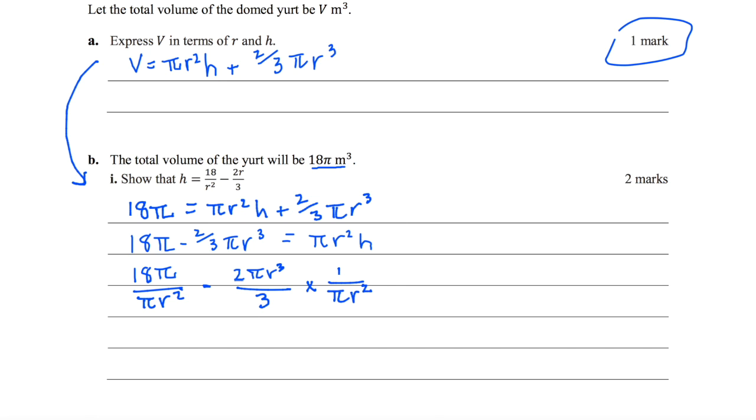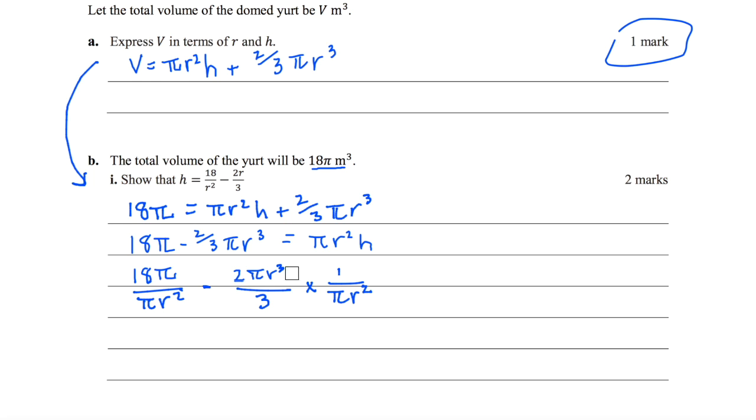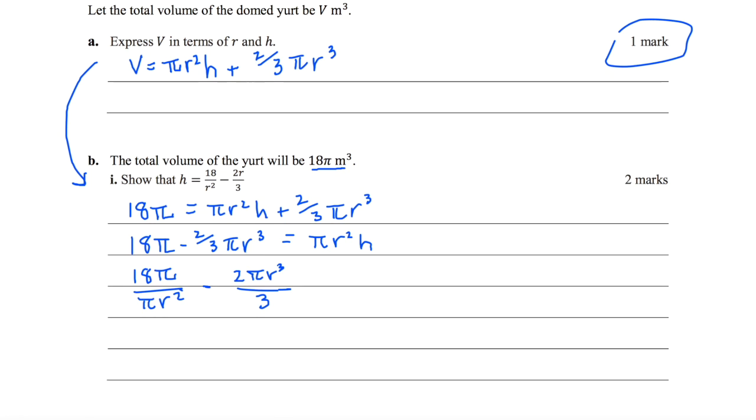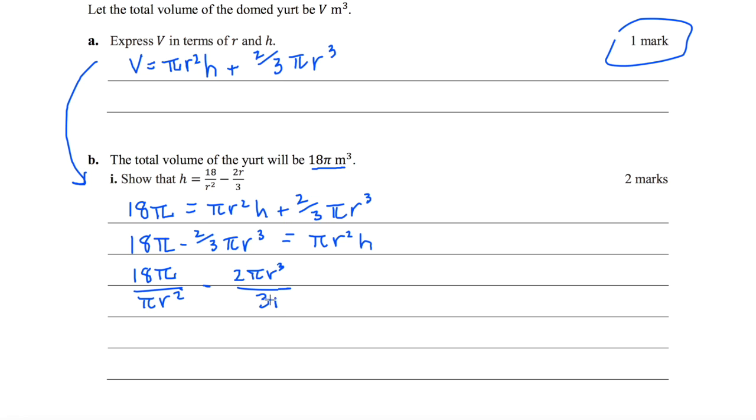And so, with that information, we can see that we're just multiplying fractions, and then pi r squared jumps into the denominator over here. So pi r squared, all of this equals h. Moving h to the other side because we can, we'll swap things around.